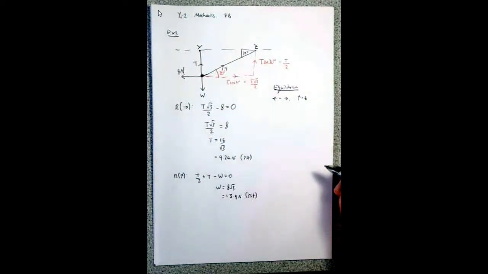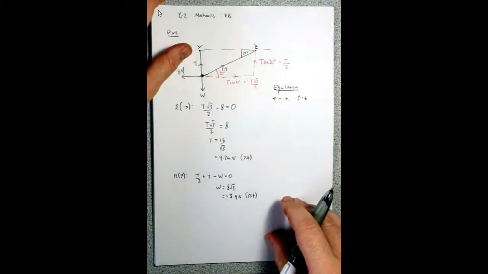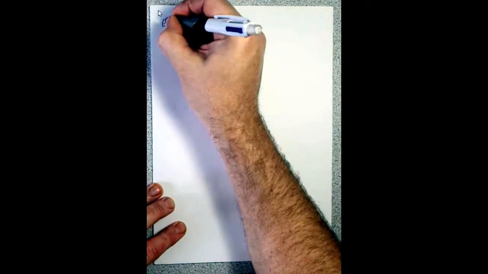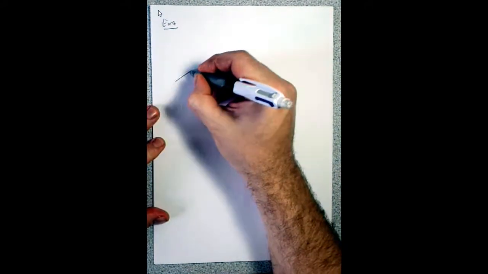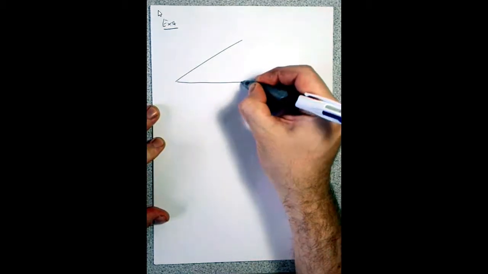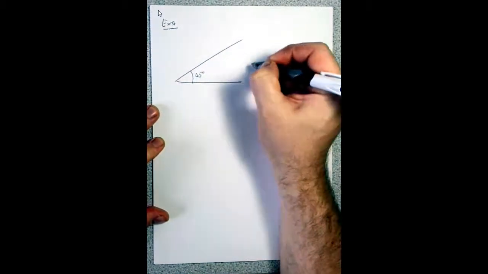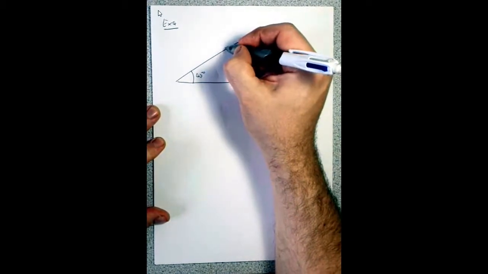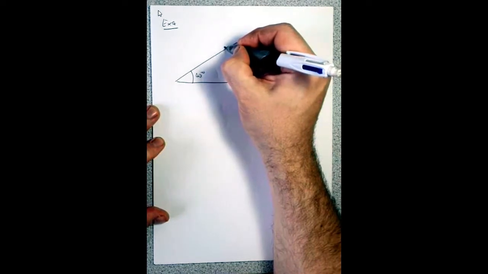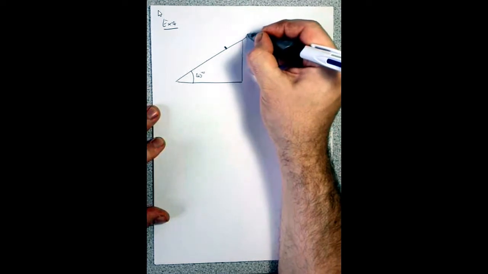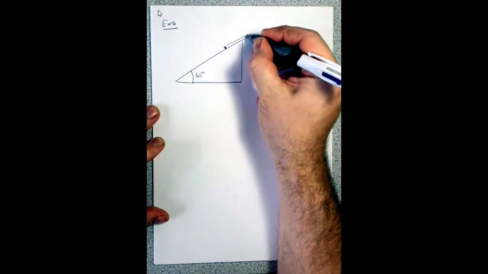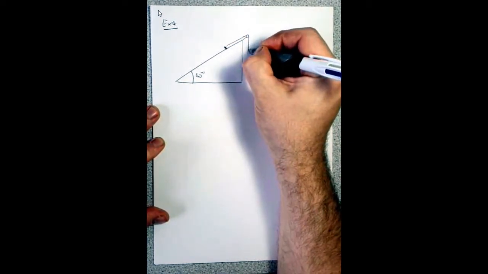Example 4, very similar. Let's have a look at it. So I've got a slope, what have I got? A mass. There's a pulley up there, and I've got a string going over a pulley.